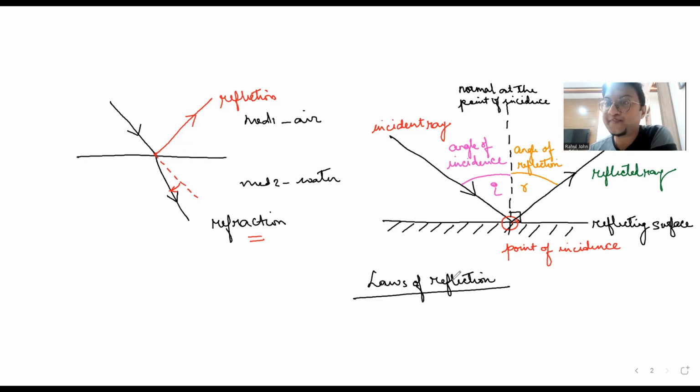Laws of reflection. So the first law of reflection states that I is equal to R, which means the angle of incidence is equal to the angle of reflection.